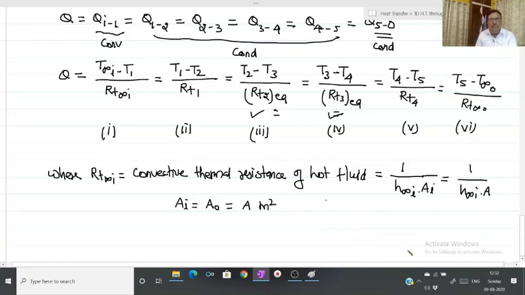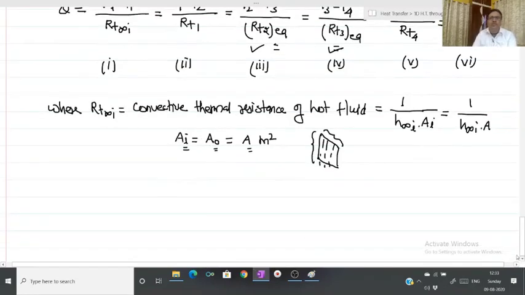If this is the slab and this is the fluid film, whether hot or cold, we are going to consider only that area of the fluid film which is in contact with the slab. So in this case, AI and AO will be equal to the area of the slab normal to heat flow.